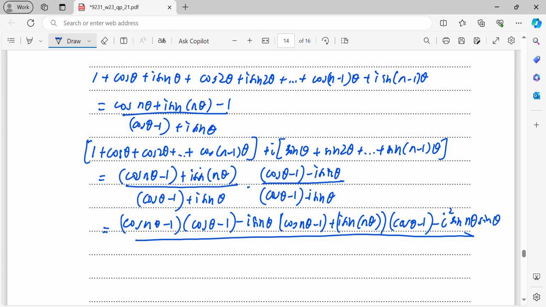Complex number times conjugate is basically real part squared plus imaginary part squared.